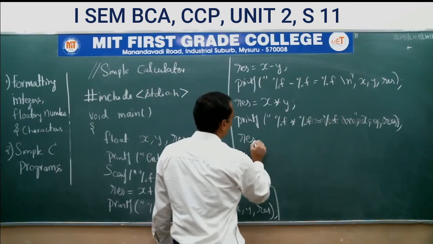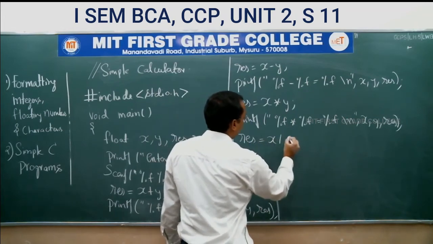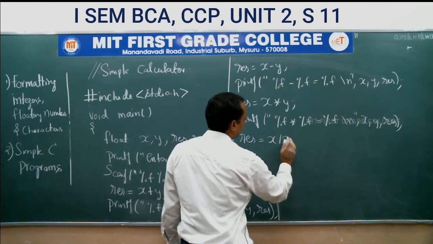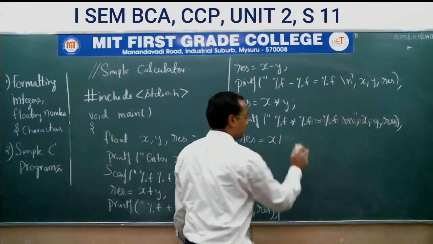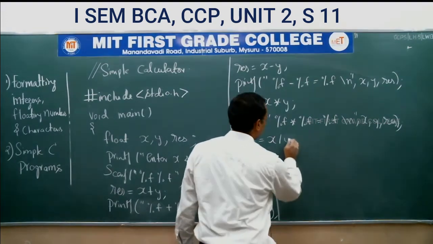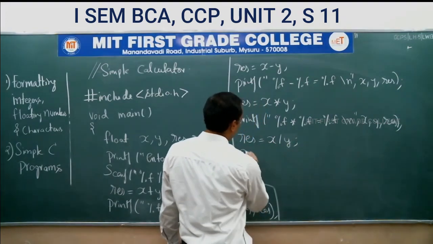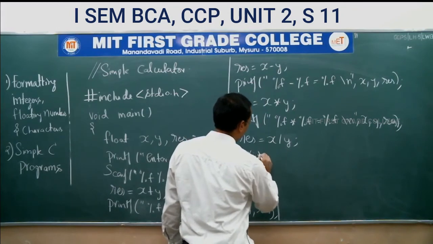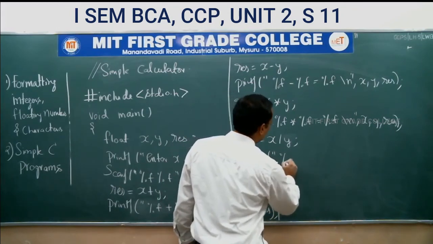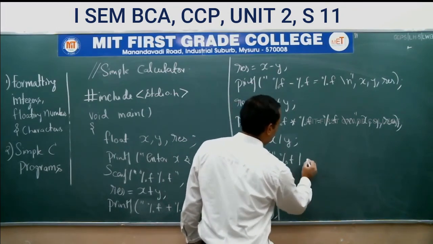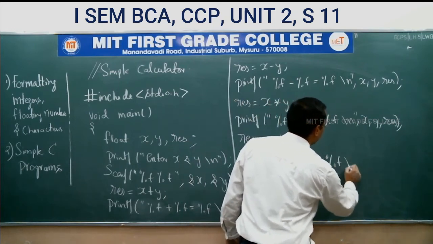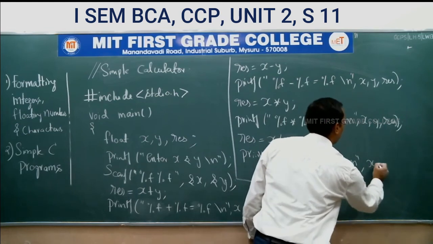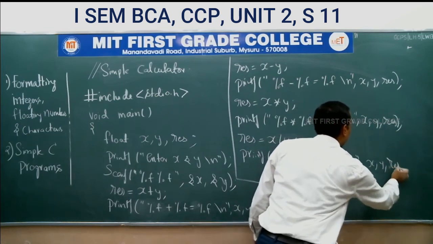Now the last thing, that is the last operation, that is x divided by y. Printf percentage f slash percentage f is equal to percentage f slash n, same thing, x, y and res.